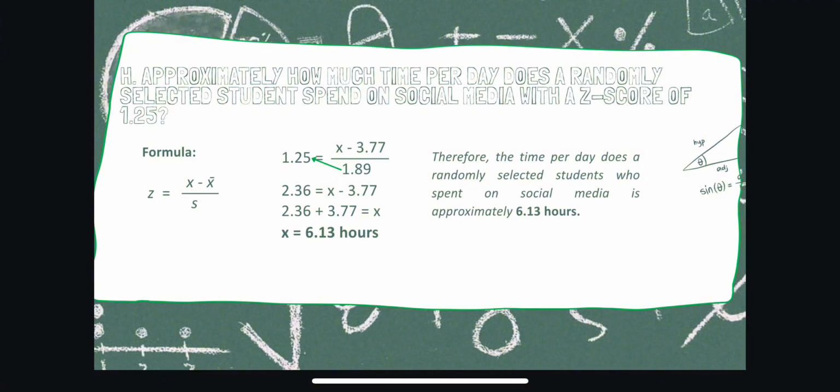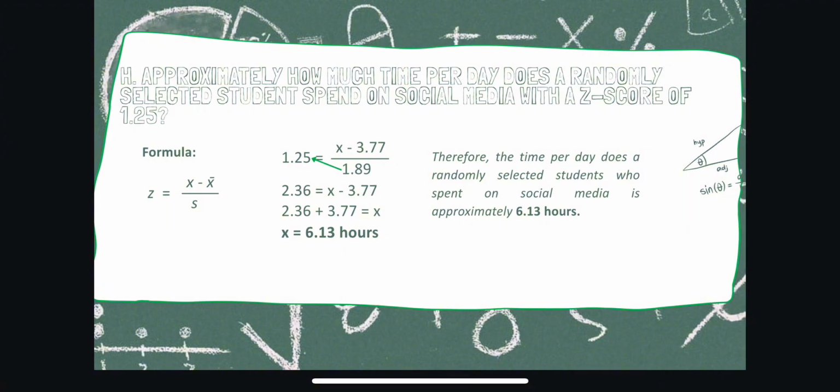Substituting the values, we compute x equals 3.77 plus 1.25 times 1.89. Multiplying first, 1.25 times 1.89 is equal to 2.36, and then adding it to the mean gives x equals 3.77 plus 2.36 equals 6.13.